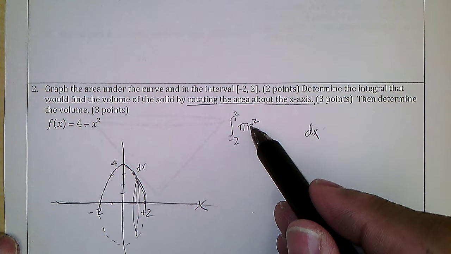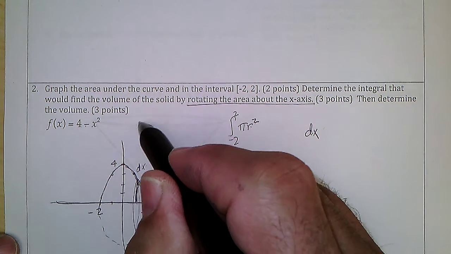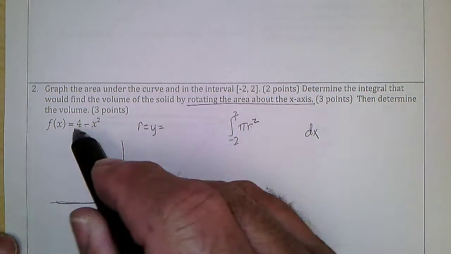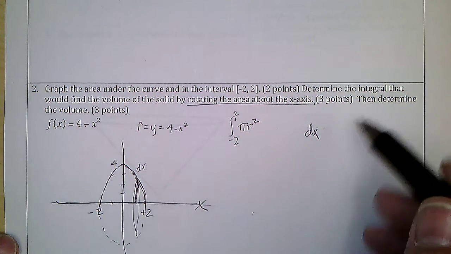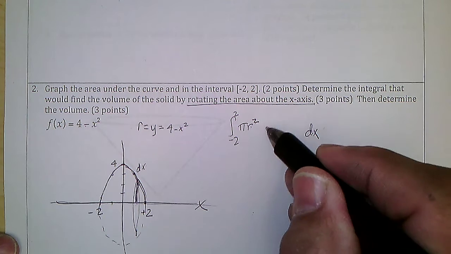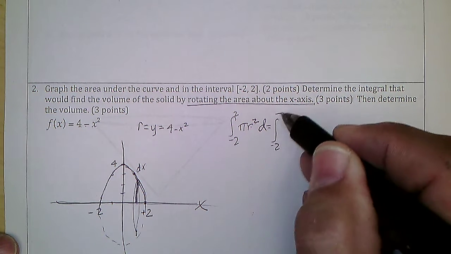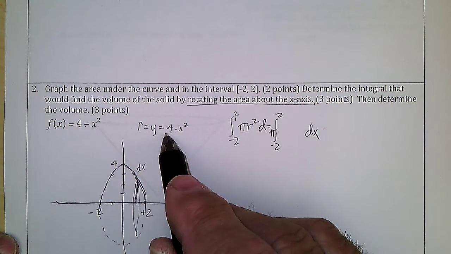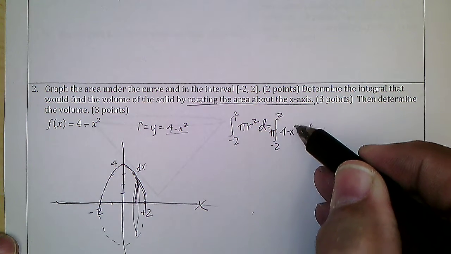So I'd have to replace the r squared. R in this case is y, and y is 4 minus x squared. So this would become the integral from -2 to 2 of pi r squared, which is going to be 4 minus x squared.